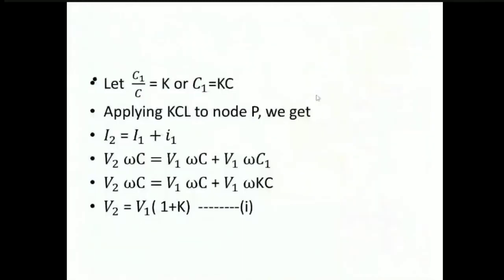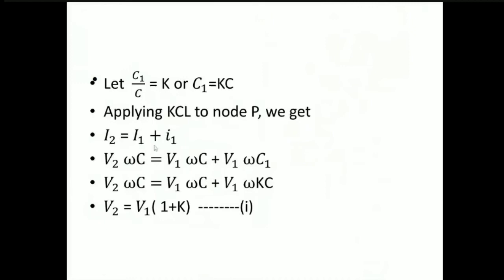So applying KCL to node P, we get incoming current I2 equal to outgoing currents I1 plus small i1. These currents can be replaced with voltage divided by capacitive reactance. Capacitive reactance is 1 by 2 pi f C. So current is equal to V by capacitive reactance, that is V2 omega C, equal to V1 omega C plus V1 omega C1.